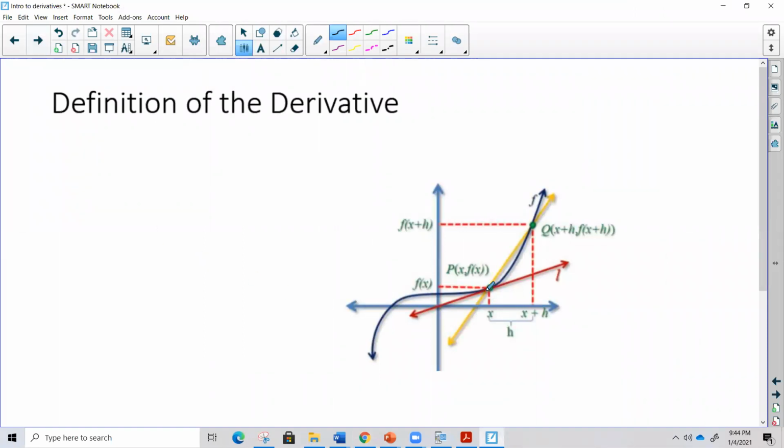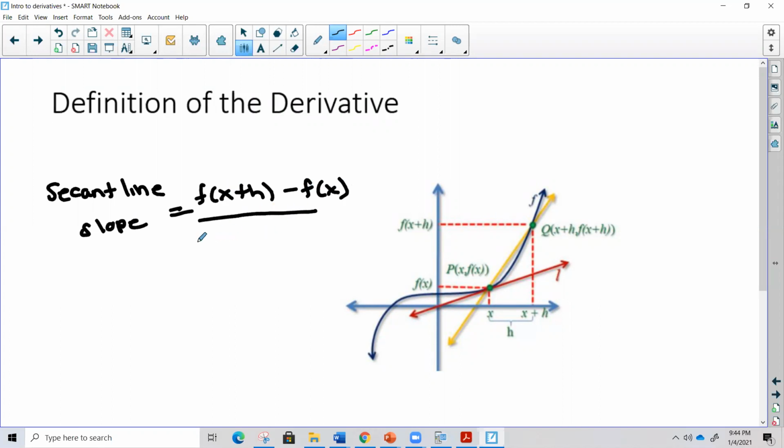And so, like I said, we generally do it more with just x and f of x instead of a specific point. So for this one, my slope of my secant line would be f of x plus h minus f of x, over x plus h minus x.